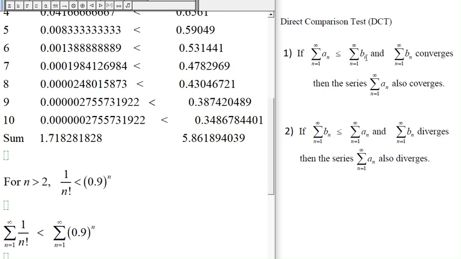And so we have shown the first part, that the series A sub n is less than the series B sub n. Now we need to show that the series B sub n converges.